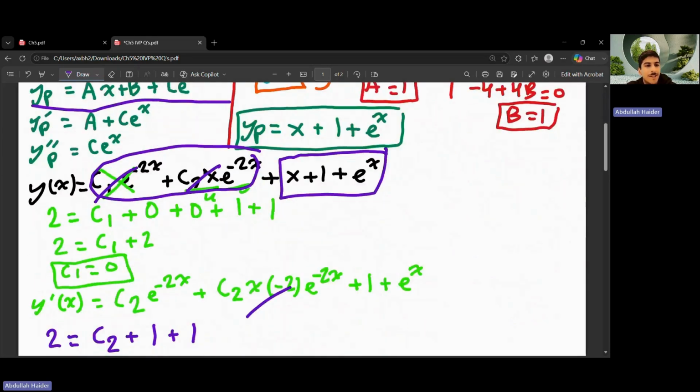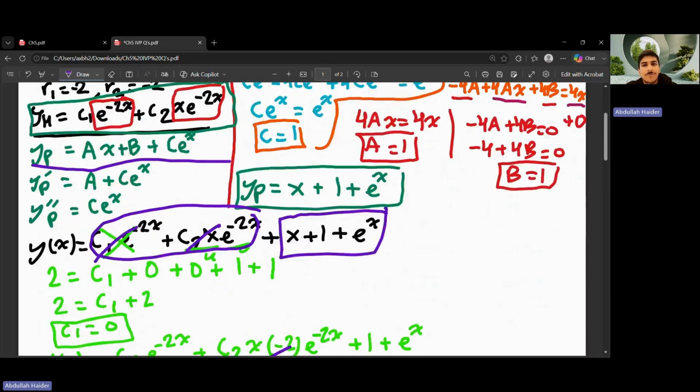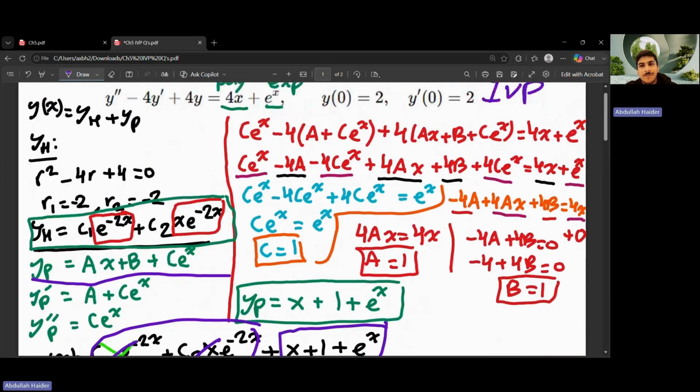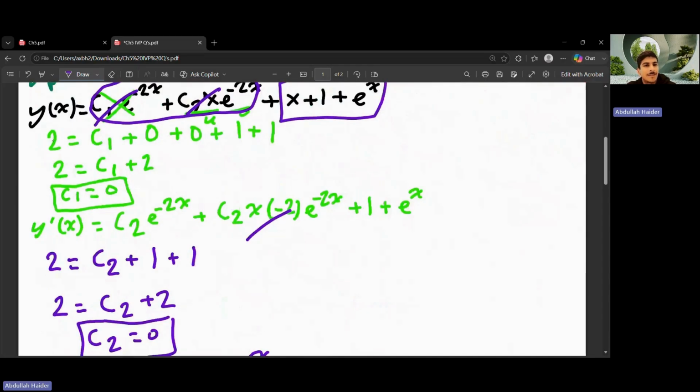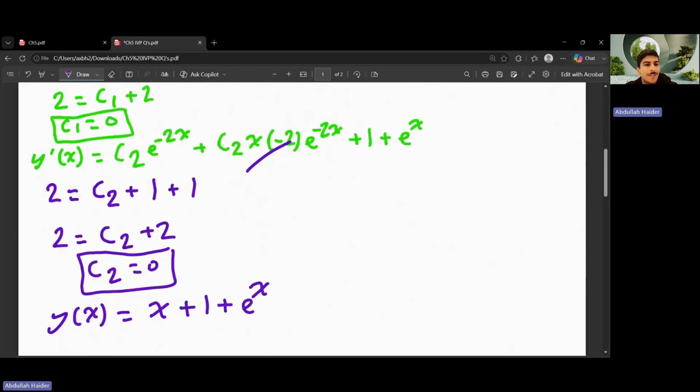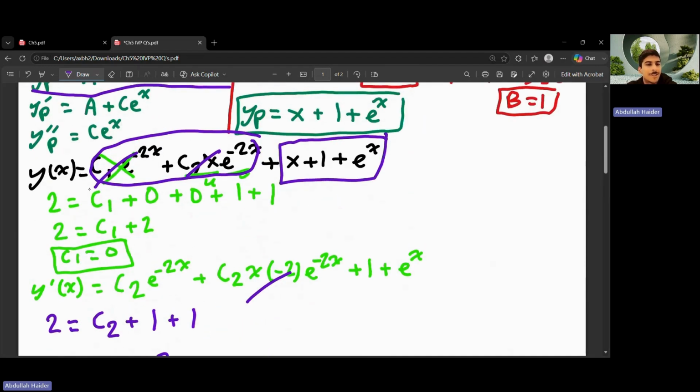You get 0, and then you can cross this out. But remember that the second initial condition is always used to find C2, and you have to take the first derivative of the main equation. And after you apply the initial conditions, you'll get C2 as well.